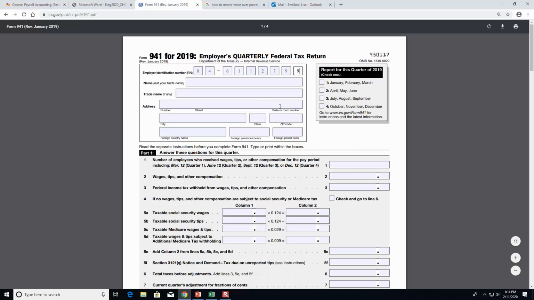And what quarter is it for? Second quarter. So when is this due by? July 31st. And then we'd have, obviously, the address.